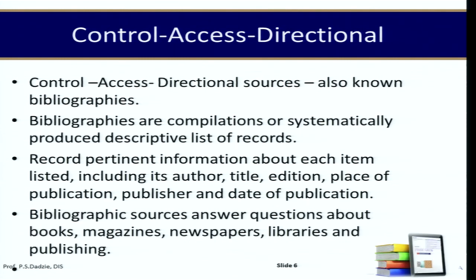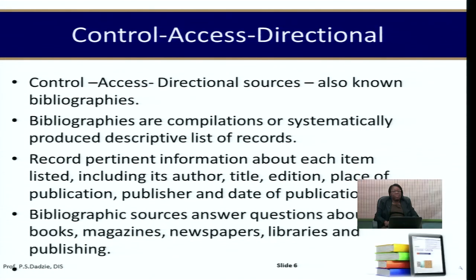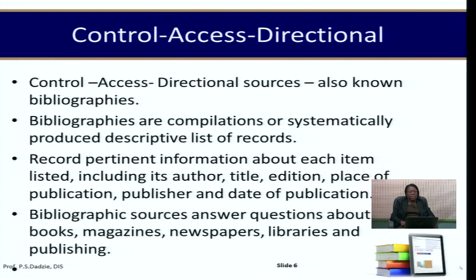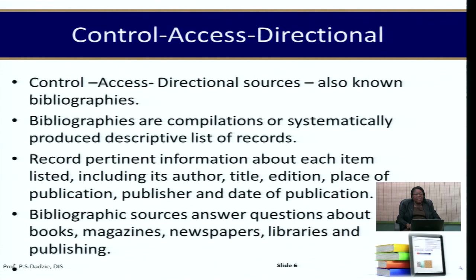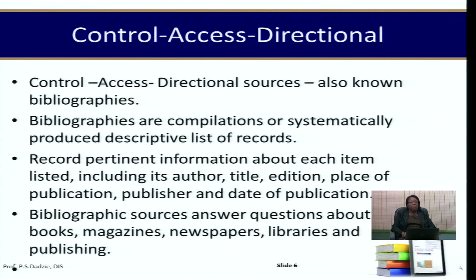These are known as bibliographies. What are bibliographies? Bibliographies are lists. Bibliographies are compilations or systematically produced descriptive lists of records. A bibliography just lists materials. So they contain permanent information about each item listed.